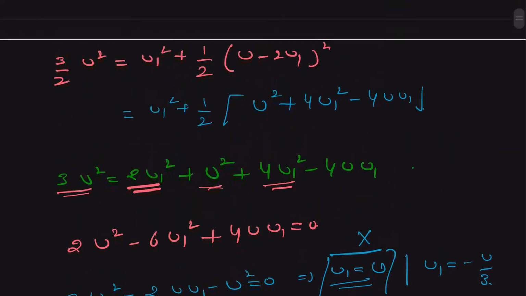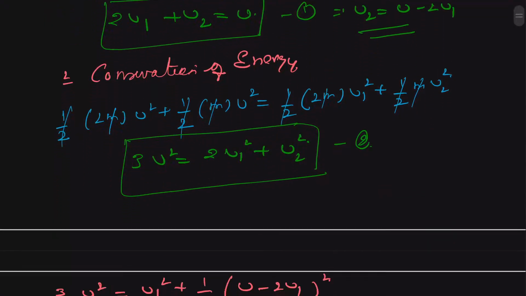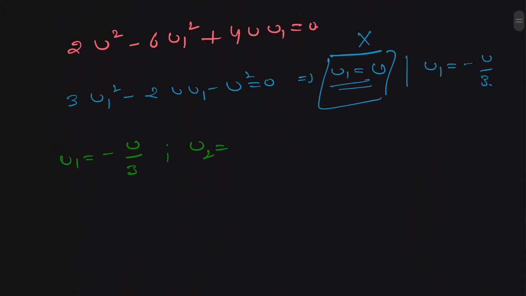So v2 was our v minus twice v1. So v minus twice v1 is equal to v minus twice minus v by 3. So we get our v2 is equal to, this will be coming as minus minus plus, so this will be 5v by 3.